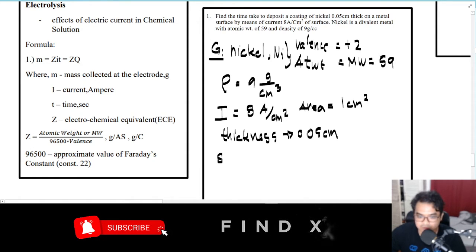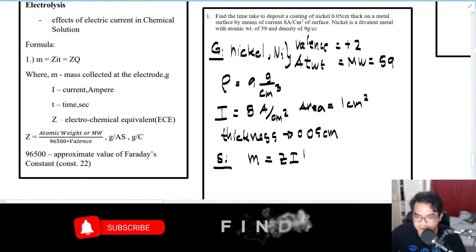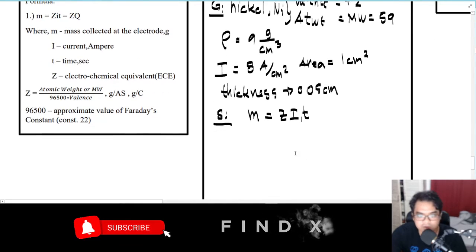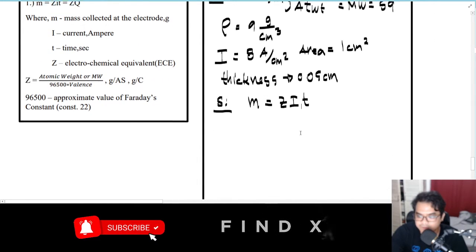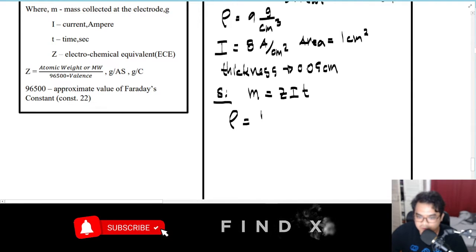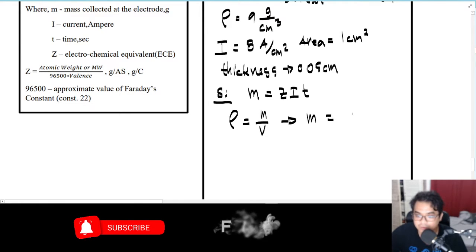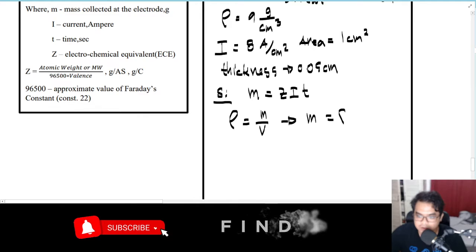So for the solution, first, of course, we will be using M, the mass, is equal to ZIT. We already have the formula for that, right? And since there is a given rho, remember that rho, or the volume density, is just equal to mass over volume. Therefore, we can say that M is equal to rho V.